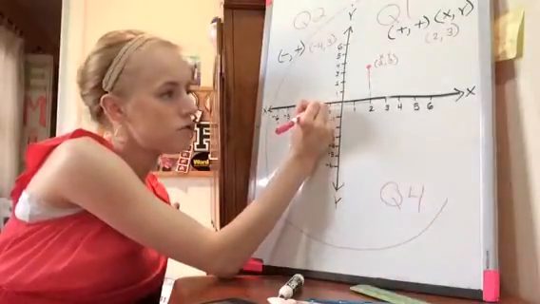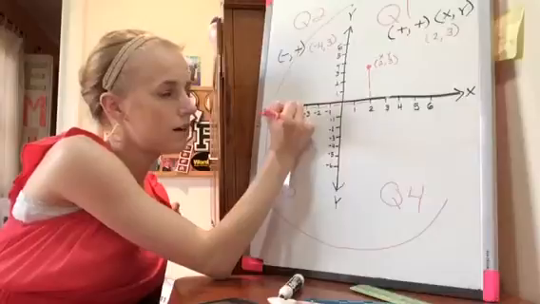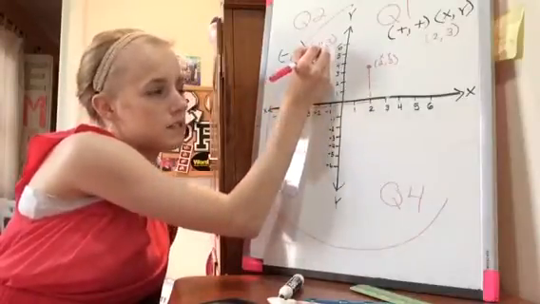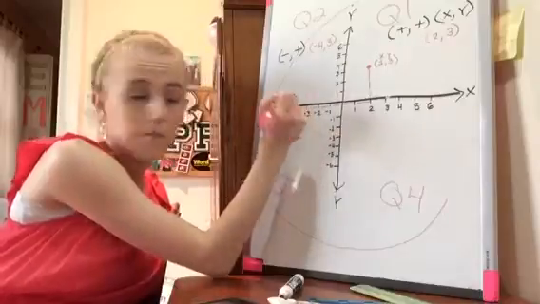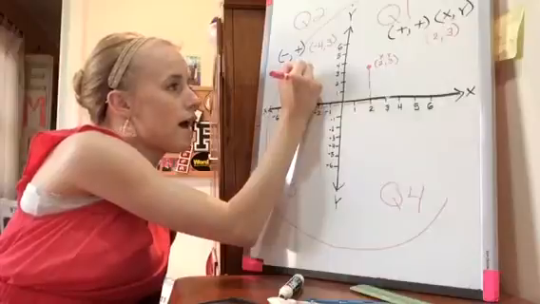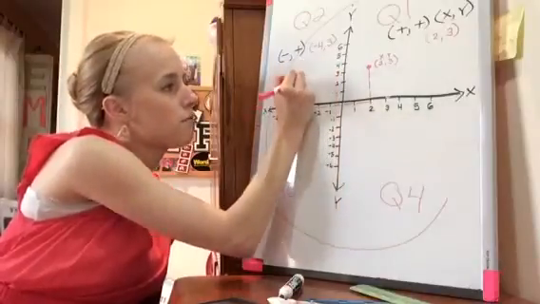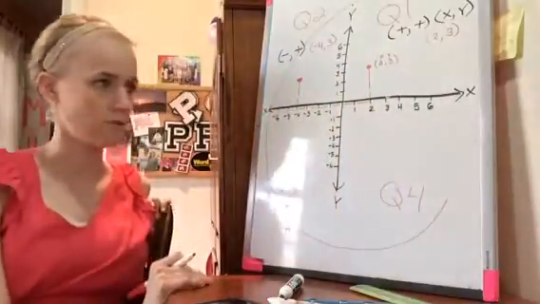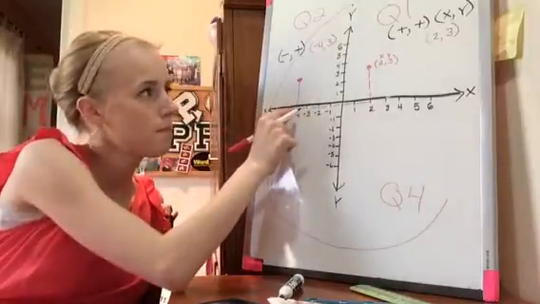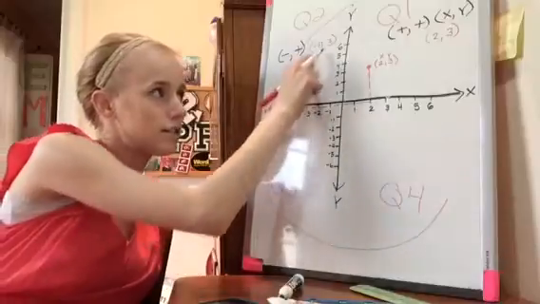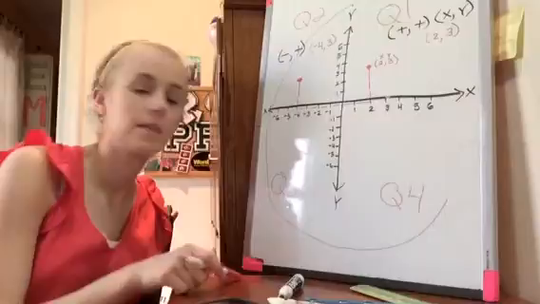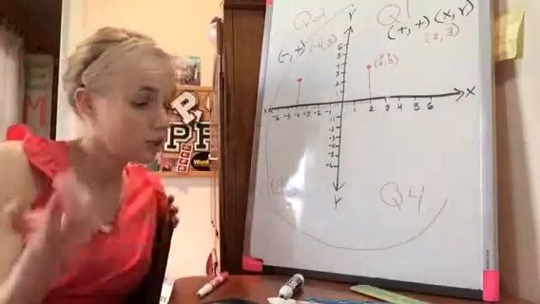So 1, 2, 3, 4, and then I have to go up 3. Since it's positive, I go up. So 1, 2, 3. And that would mean my point would be here on my graph. It's over 4 in the negative direction because it's a negative 4, but up 3 to get in Q2.